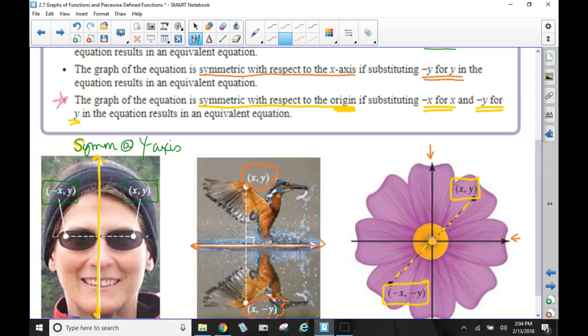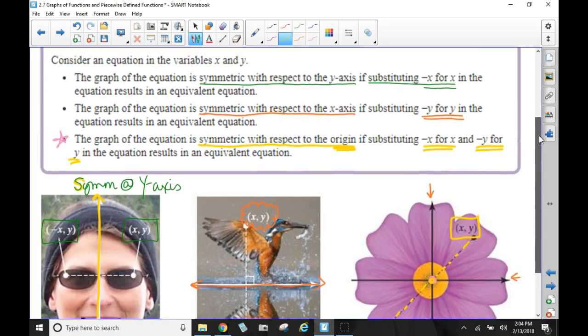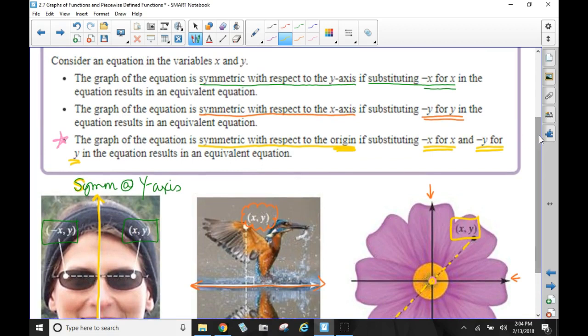Just summing up what we did here: if you want to see if a graph is symmetric about the y-axis, you replace x with a negative x and simplify. If you want to see if a graph is symmetric about the x-axis, you replace y with a negative y and simplify.